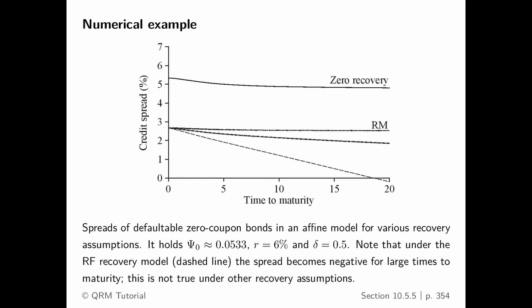Loss given default is 0.5. And here we have various recovery assumptions. That is the recovery of face value. That's the recovery of treasury. That's the recovery of face value. For small times to maturity, they all give you the same value. That's zero recovery, and then the credit spread is the largest because we lose most in default. For the other models, the credit spread is always the same for short times to maturity, but if time to maturity gets very long, they differ.